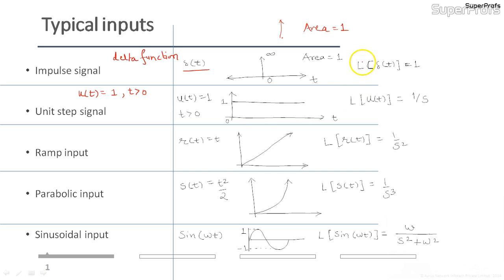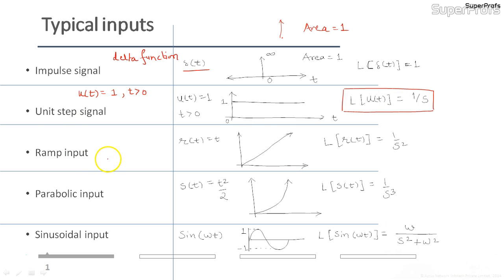The Laplace transform of u of t is 1 upon s. This is an important Laplace transform because often we subject a system to a unit step signal and study its responses.